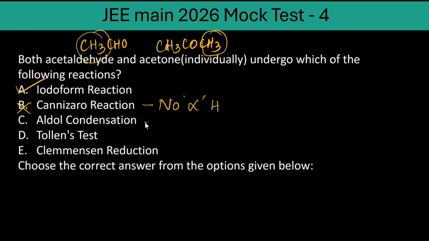Then aldol condensation needs alpha hydrogen. I have alpha hydrogen, so it can. Tollens test will work only for aldehydes, that difference between aldehyde and ketone we know, so it will not. And Clemmensen reduction, both: C double bond O will become CH2, right? So A, C and E are your answers.